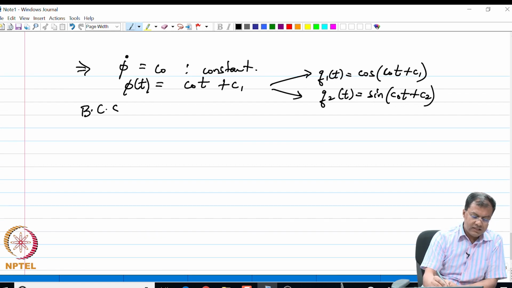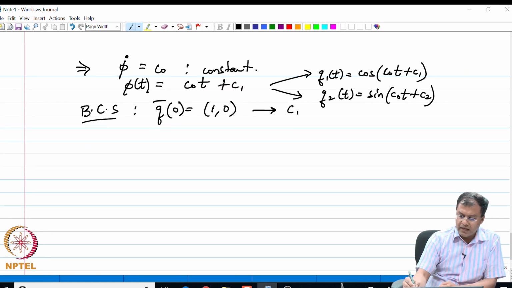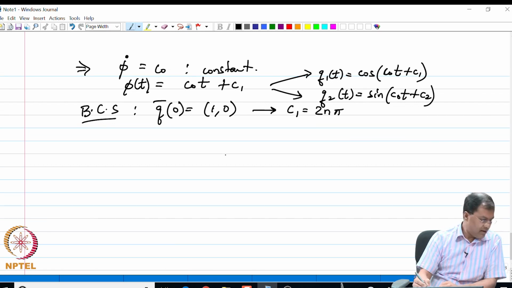So, my boundary conditions are, my q bar of 0 is 1 comma 0, and from here I can immediately see that q 1 at 0 is 1 and q 2 at 0 is 0. From here I can see that C 1 will come out to be 2 n pi, right.